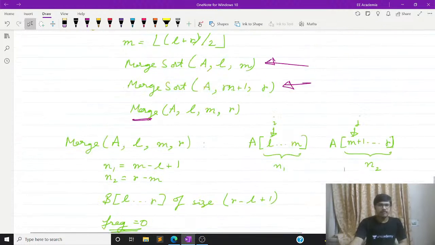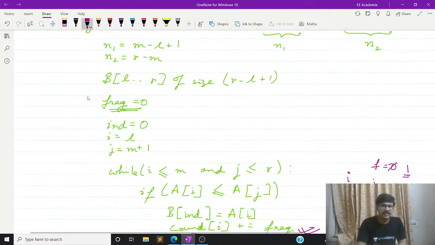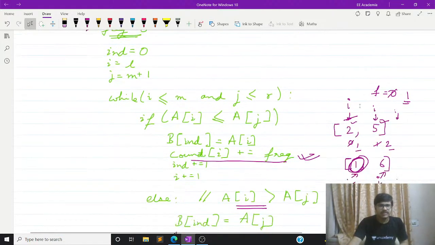So now look at this once. How we solve this with simple merge sort recursion. This procedure, we just added two lines. We added this variable frequency to keep a count of the elements in this merge procedure.